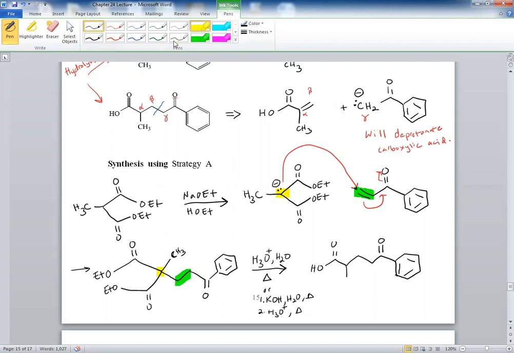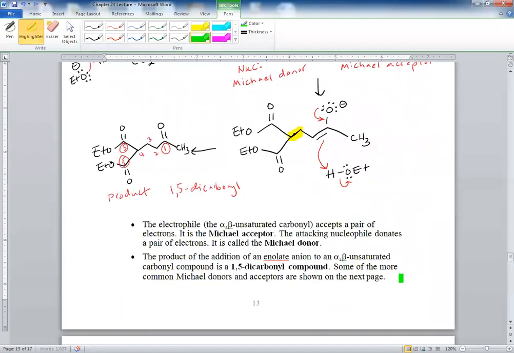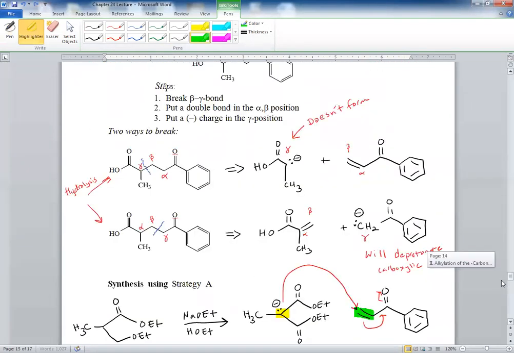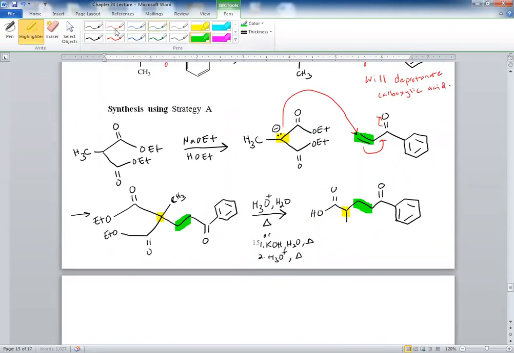And let's highlight again where the connection is. So the connection is there. Okay, so let me just say one last thing before we continue.